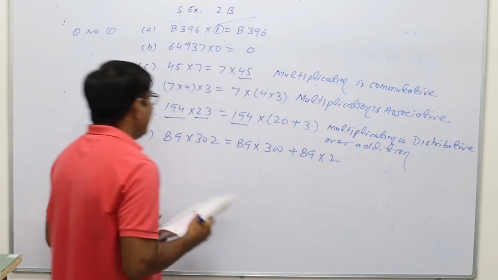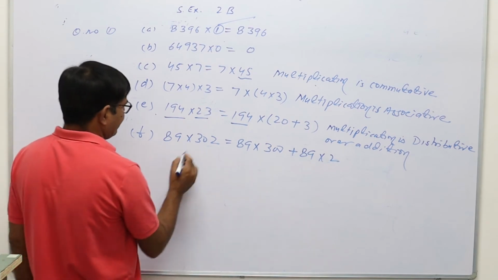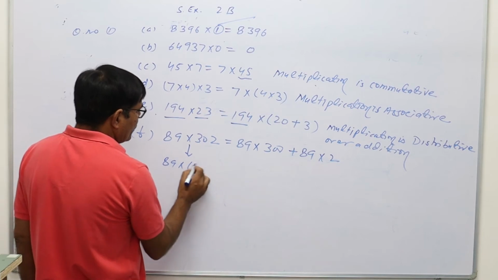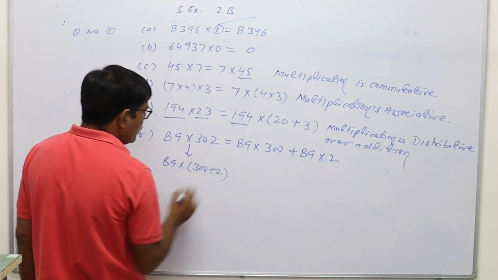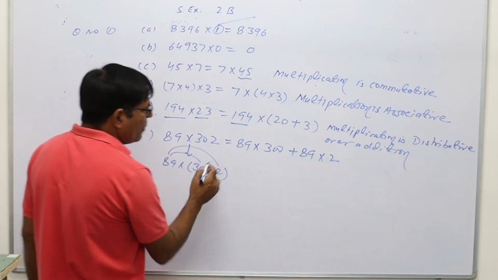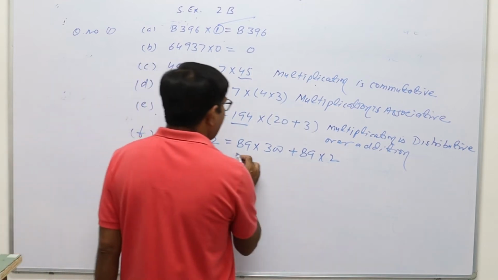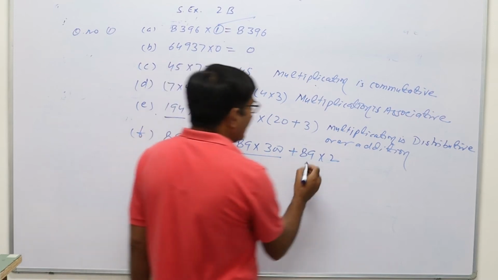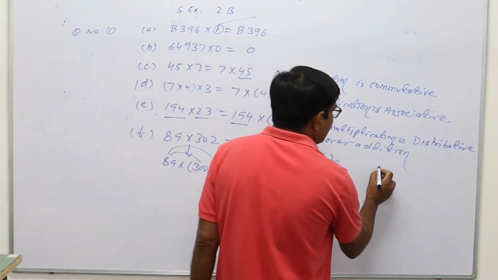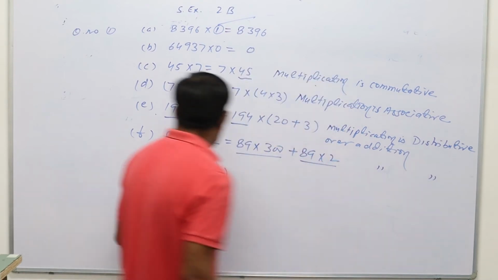How? We can write this as 89 into 300 plus 2. Now 89 into 300 plus 89 into 2. So this is 89 into 300 plus 89 into 2. We can write this is also multiplication is distributive over addition.